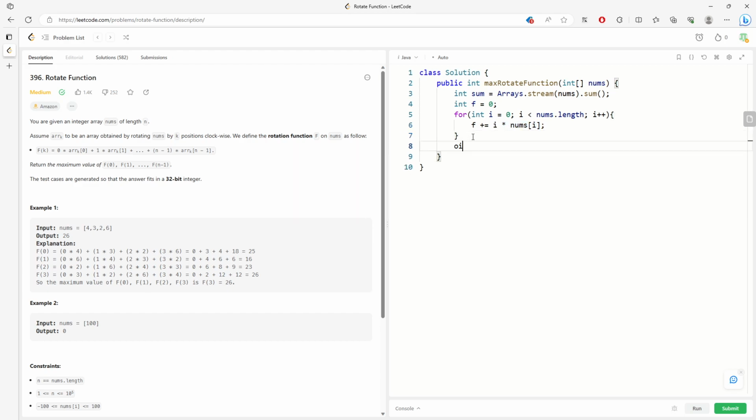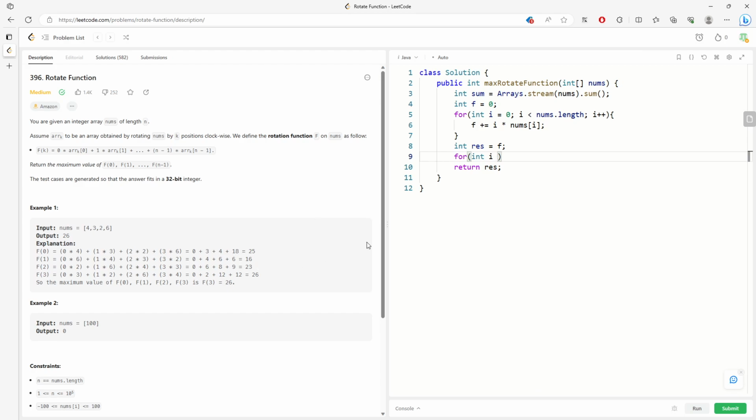And then I need to return the maximum value, right? So I will say f of 0 is going to represent the maximum for now, right? And then I will traverse the entire 4 iterations, f of 0 to f of 3, right?